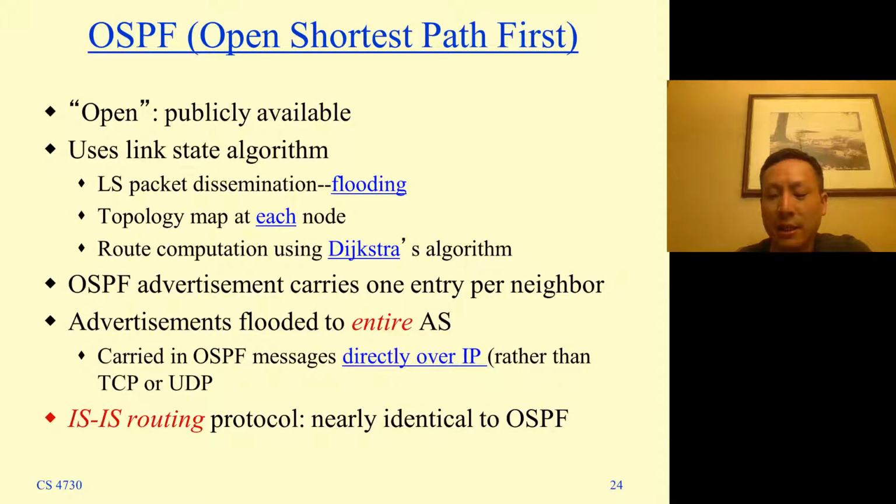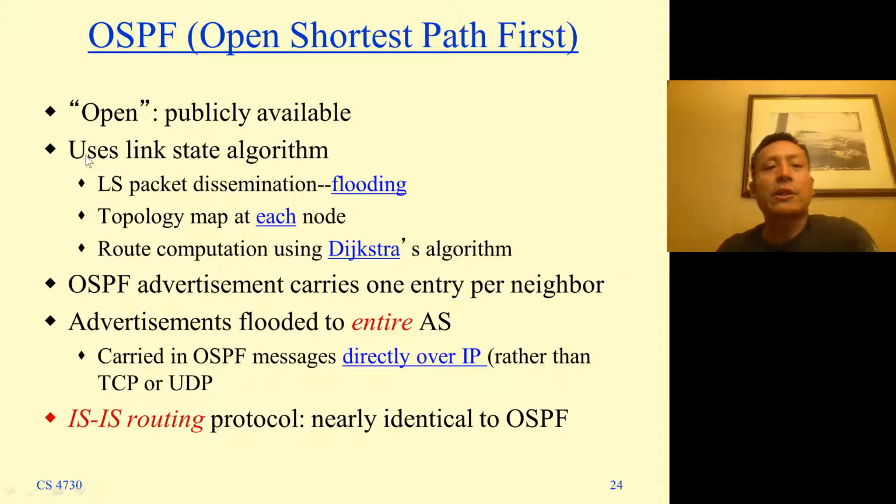So the second, the link state protocol, is called OSPF, or Open Shortest Path First. Open means it's publicly available because it's not like Cisco's protocol. OSPF is free, right? It's standardized by the IETF, which means that everybody knows how it works.